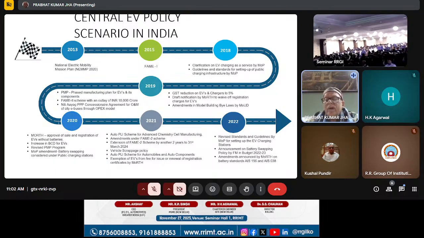You see the revised standards and guidelines by MOP for setting up EV charging stations. Announcement on battery swapping policy by FM in budget 22-23, and amendments announced by these organizations.